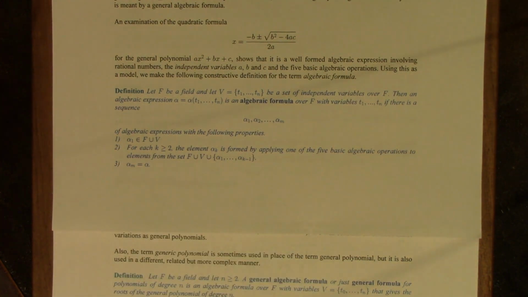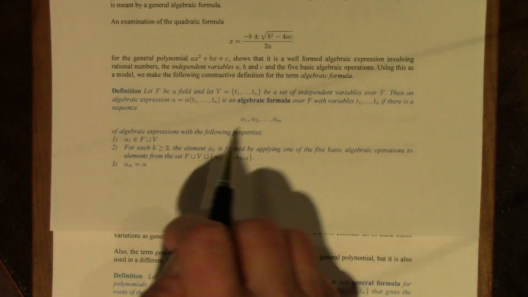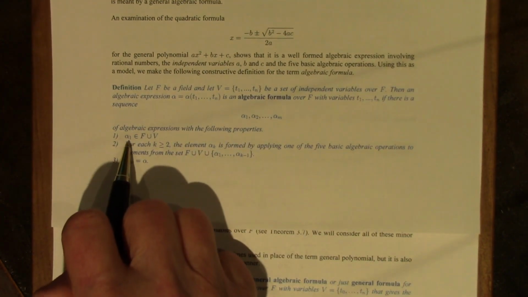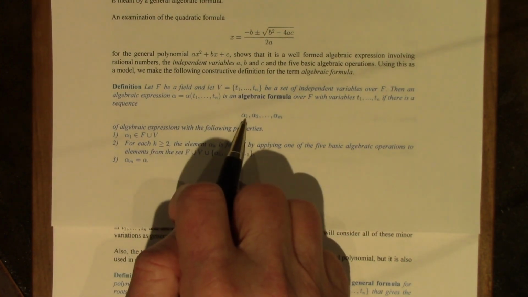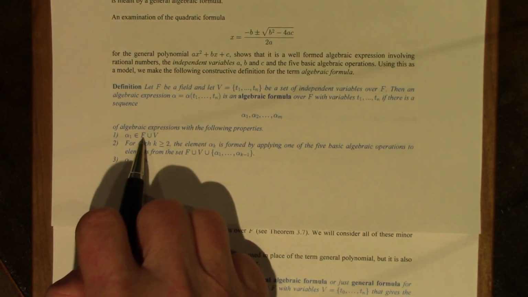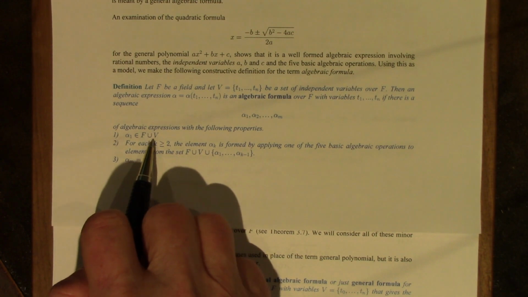And when I say algebraic expression, of course, I mean a legal, well-formed algebraic expression, with the following properties. Alpha 1, the first element of the sequence, is either an element of the base field or a variable.